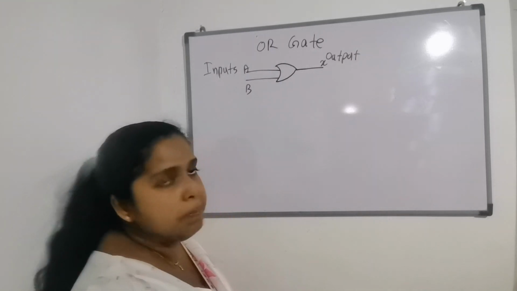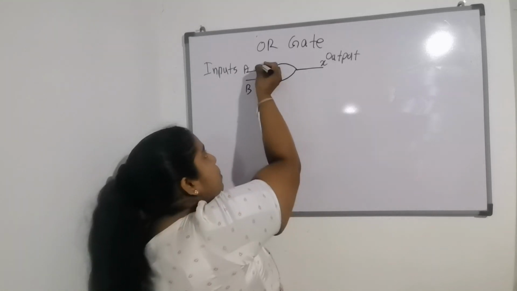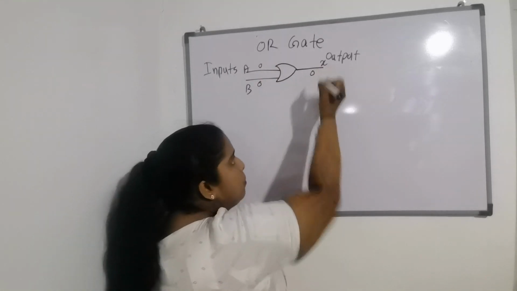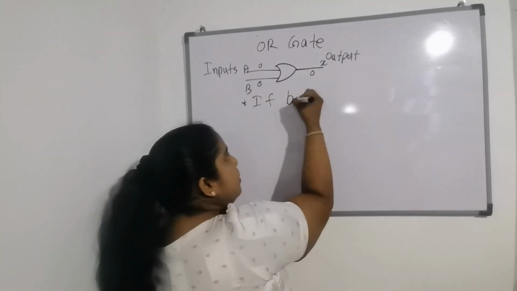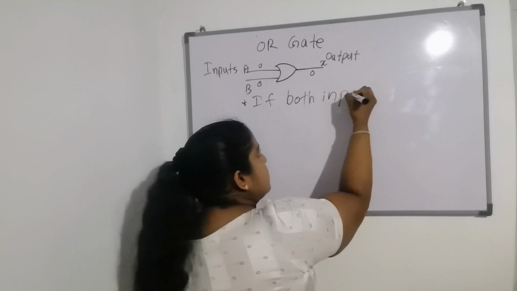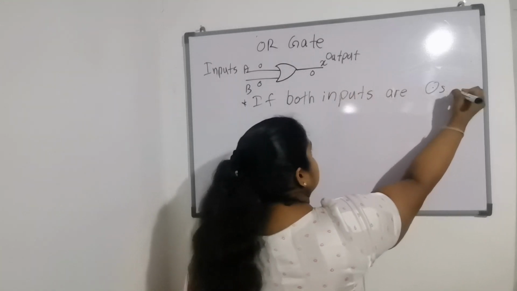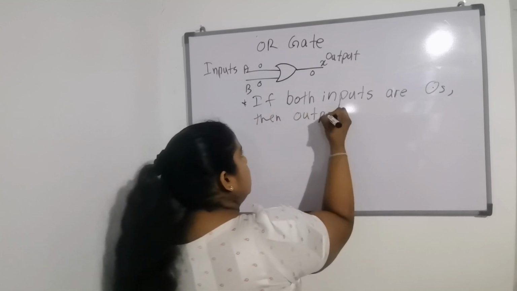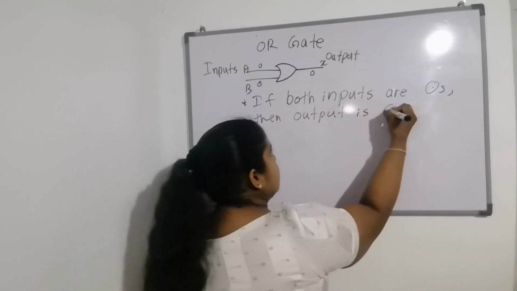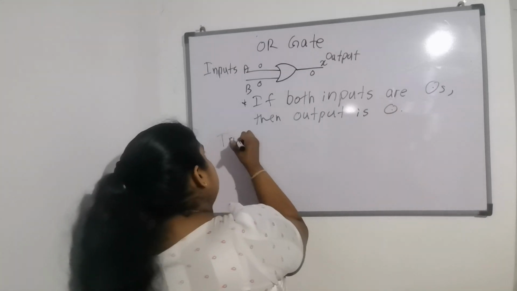Here, what is the main logic of this? Actually, for the OR gate, if both inputs are 0, the output will become 0. If both inputs are zeros, then the output is 0. Then how can we draw the truth table?